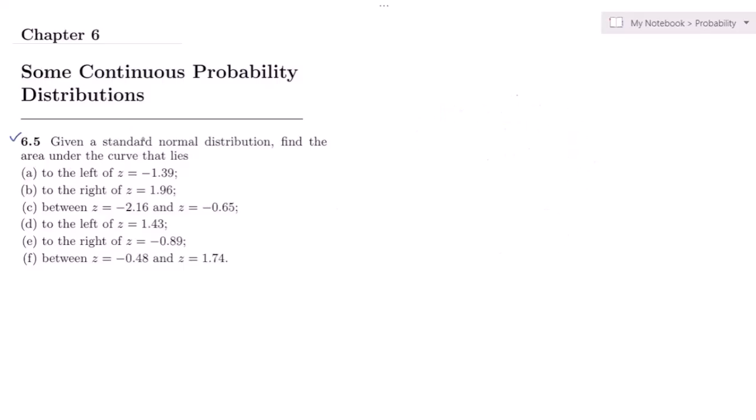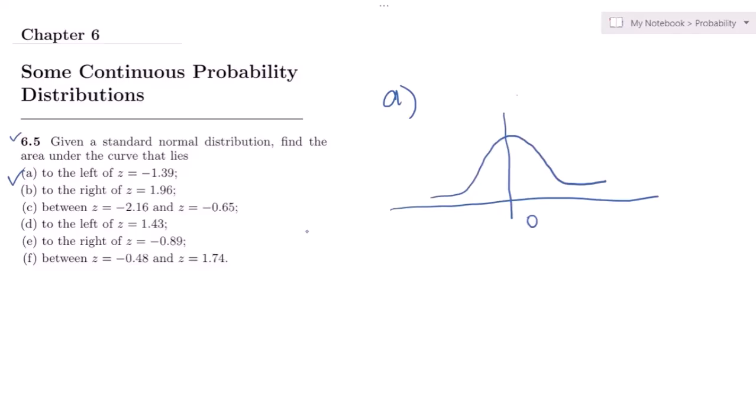Given a standard normal distribution, find the area under the curve that lies to the left of z equal to minus 1.39. Let me first solve part A. Here we have this normal distribution with 0 at the center, and here we have the value minus 1.39.